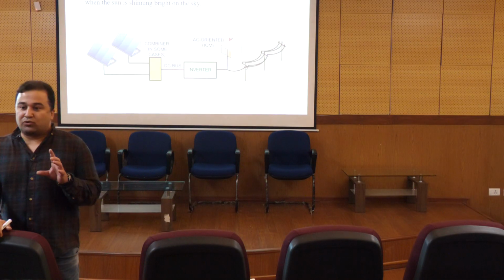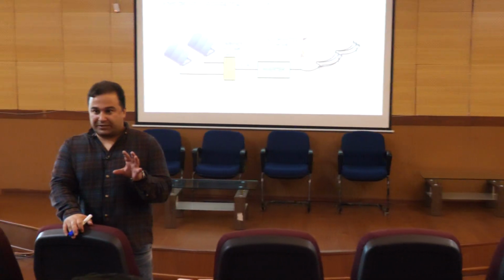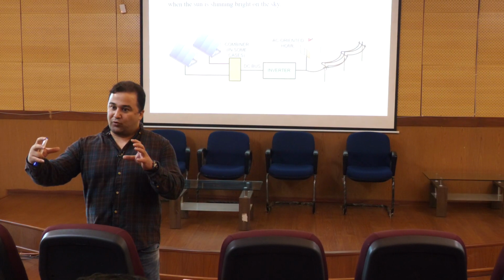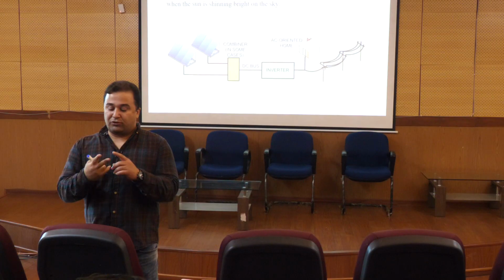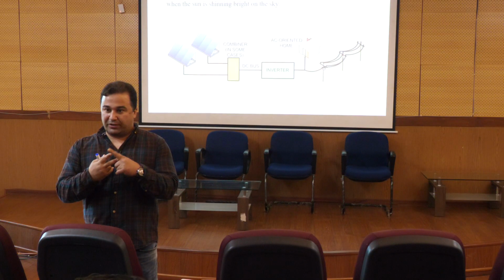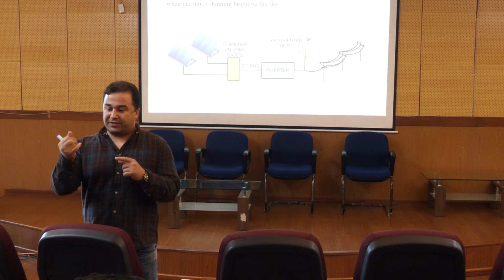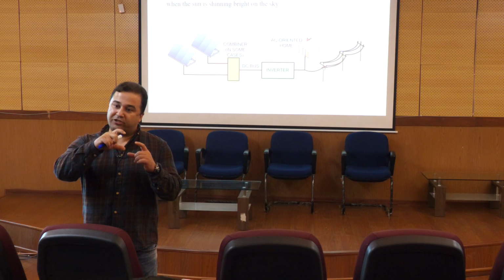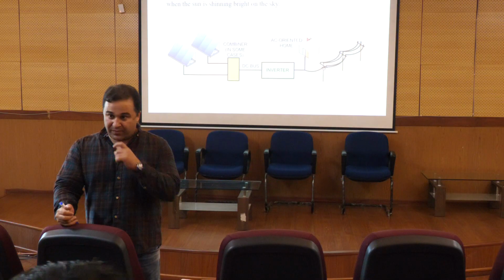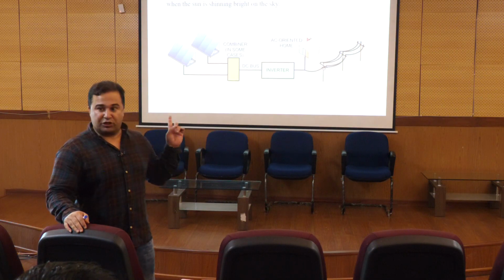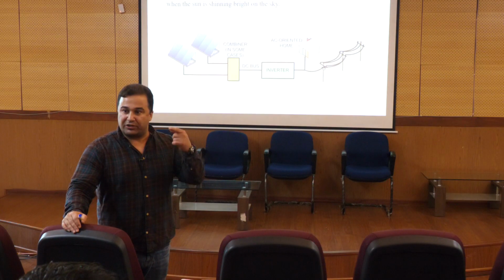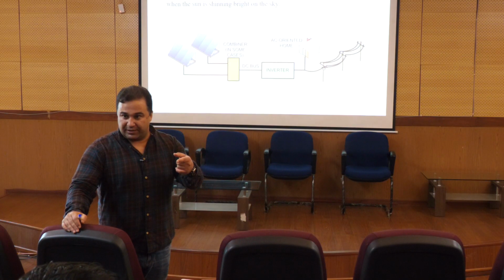If you are going to have a converter to provide electricity for a load, you need to meet two criteria. First, control the current. Second, control the voltage of the converter. But when you have a connection to the grid, you don't need to control the voltage of the converter.